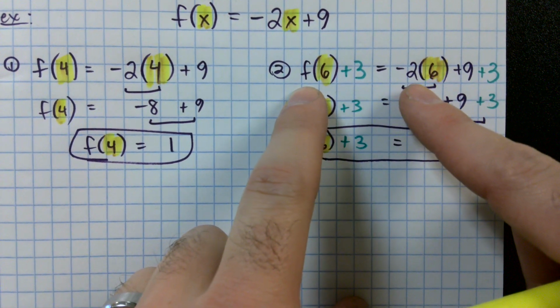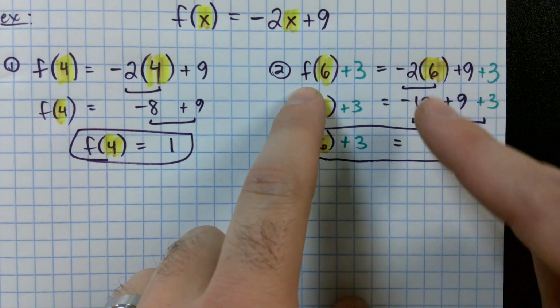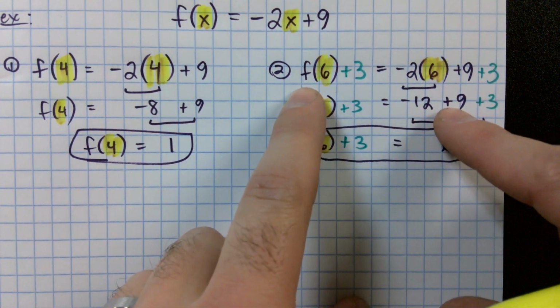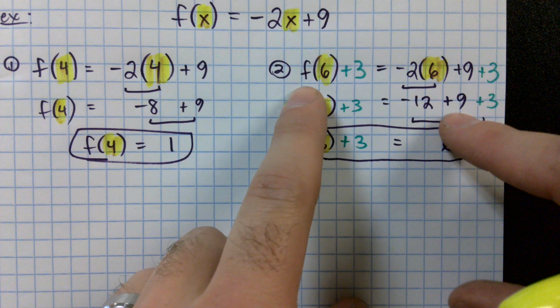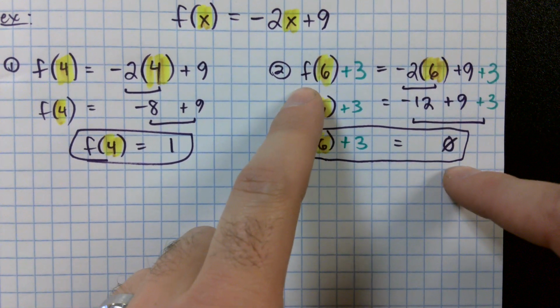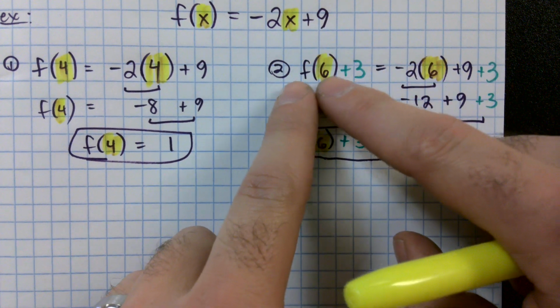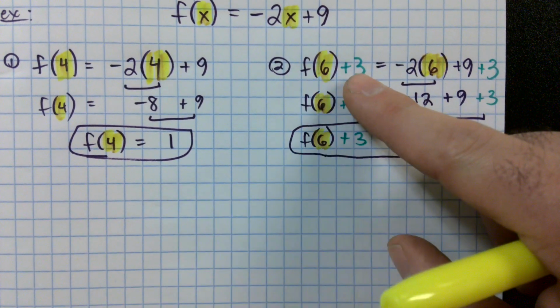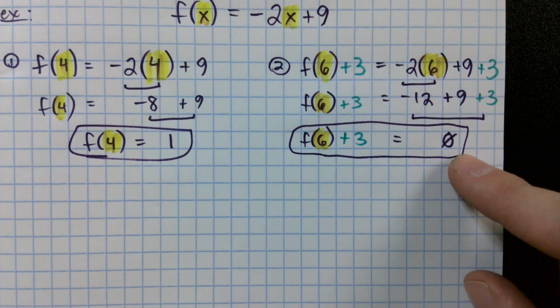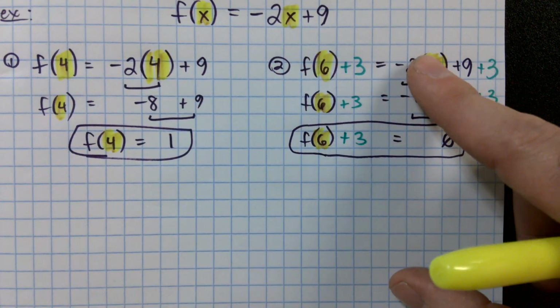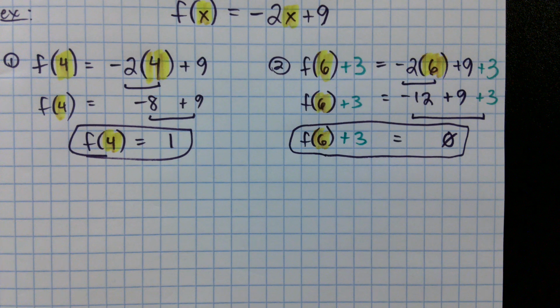So you find, okay, what's f of 6? Negative 2 times 6 is negative 12. Negative 12 plus 9 is negative 3. Negative 3 plus 3 is 0. So when we plug in a 6 and then add 3, that gives me 0. Before, we just plugged in a 4 and worked it out. Here we plugged in a 6, but then we added that extra 3 on the end. It's just a lot of arithmetic: a lot of multiplying, adding, and subtracting.